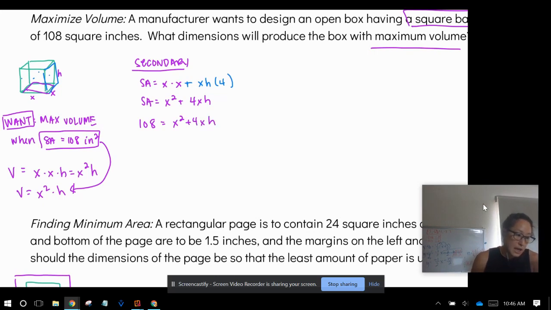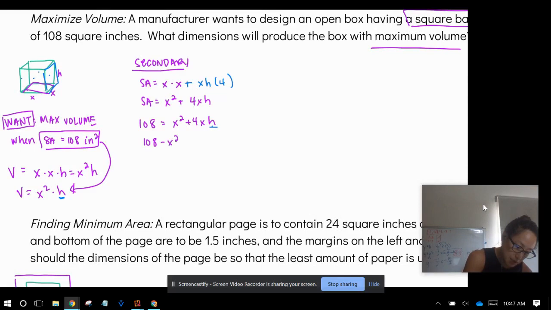If I solve for h, I have an equation written in terms of x, and I can replace that later into our volume equation. So h equals 108 minus x squared, divided by 4x.